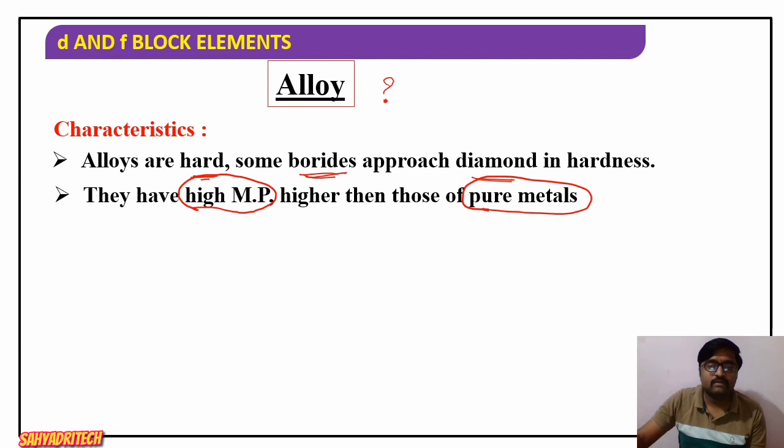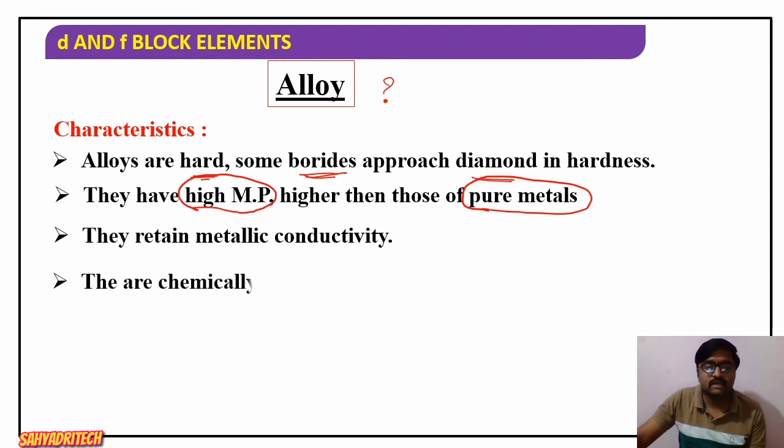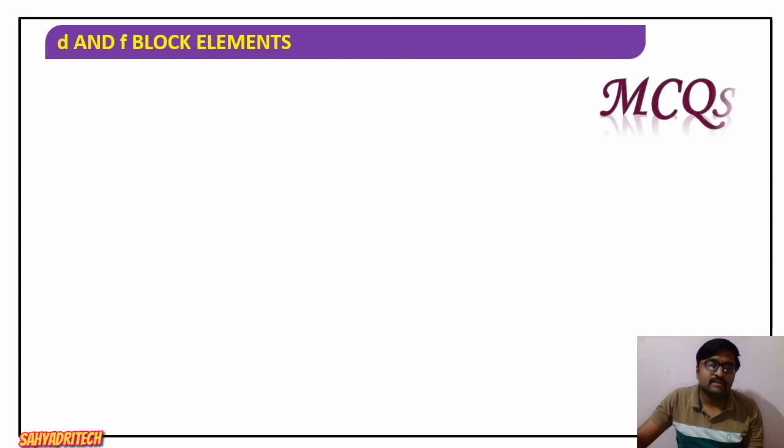The next characteristic is that they retain metallic conductivity, meaning alloys also show metallic conductivity. And regarding reactivity, they are chemically inert. We know metals are highly reactive, but alloys are chemically inert. These are a few characteristics of alloys.